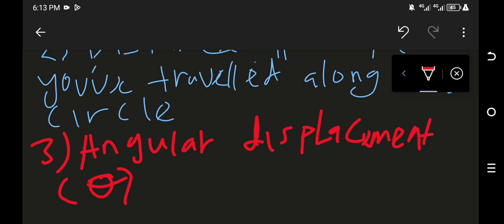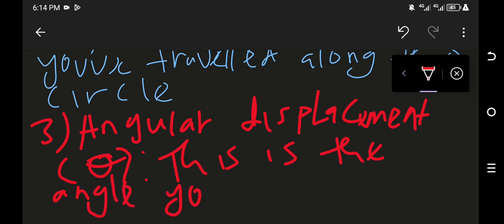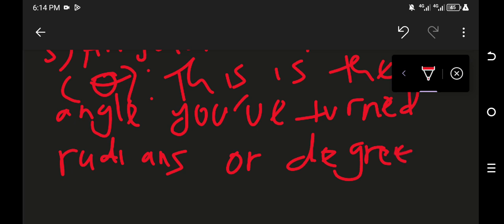The angular displacement is the angle you have turned, and it is measured in radians or degrees.